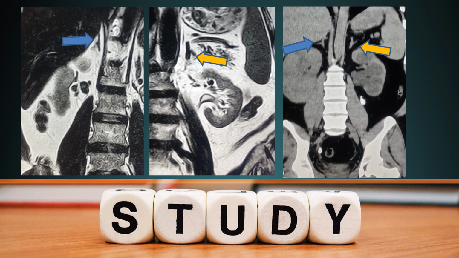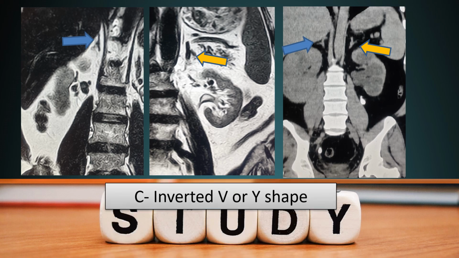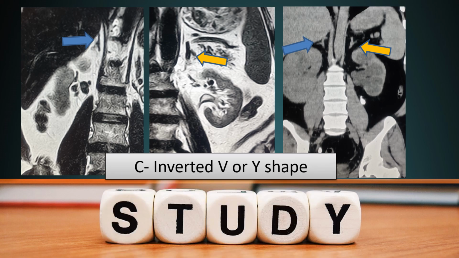Both adrenal glands have a characteristic inverted V or Y shape, on both CT and MRI. So the characteristic pattern of the adrenal gland is an inverted V or Y shape, and the right answer is choice C.